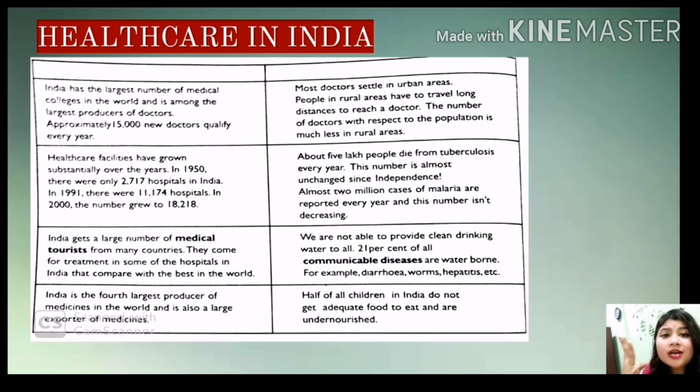India gets a large number of medical tourists, because people from other countries also visit India for their treatment. It means that India is one of the best with its healthcare facilities. India is 4th in the production of medicine. So India also exports its medicine to other countries.